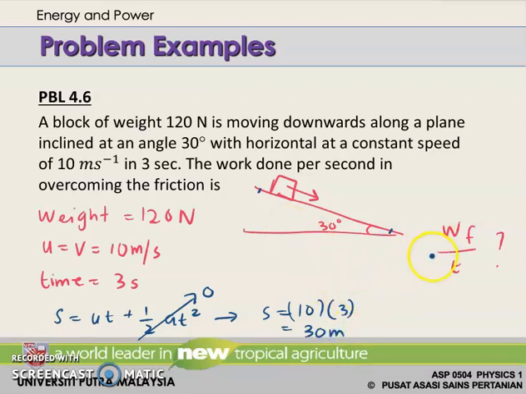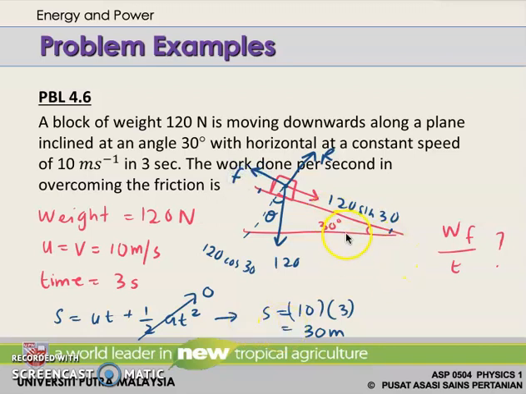Okay, so now I have to find out my friction force. I have the reaction force, which is always perpendicular to the surface. I also have weight, 120 newtons, and this is my angle here. So this is 120 cosine 30, and this is 120 sine 30. And then I also have friction.